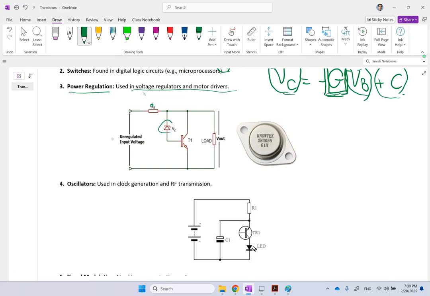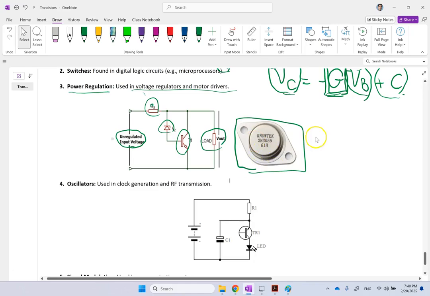So here we can use a diode and a transistor and a resistor, and we can convert this voltage that is not necessarily always fixed and unregulated to a voltage that is reliable and regulated, okay? And that's where you see this kind of transistor.